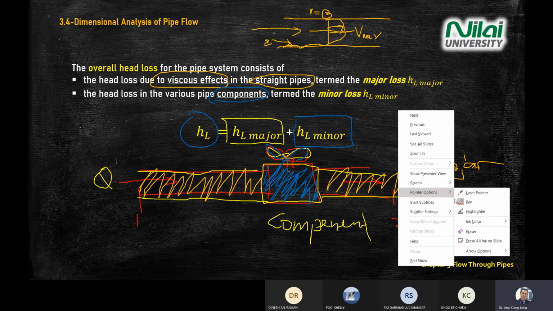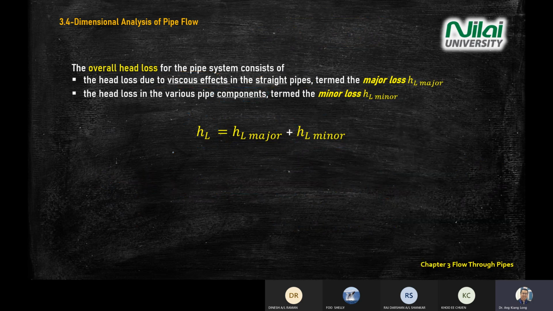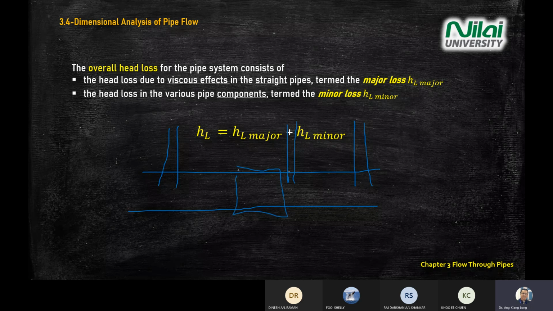Okay, what is the idea of head loss in layman's terms? It means if you have a pipe and you measure, you put in a capillary, and let's say this is your valve.